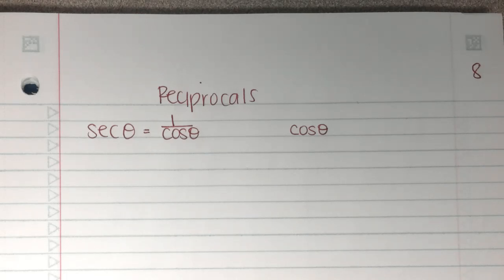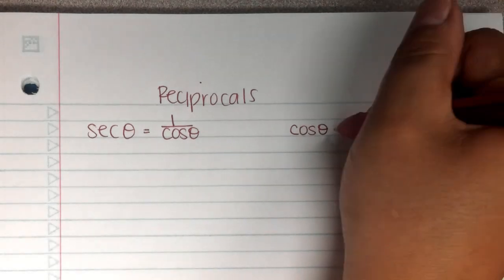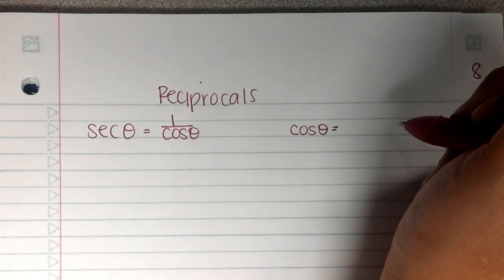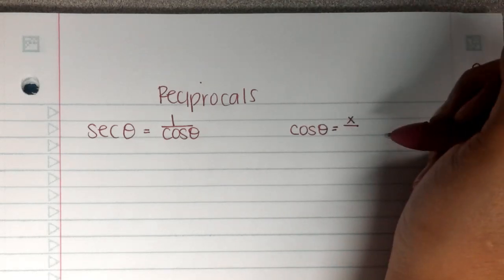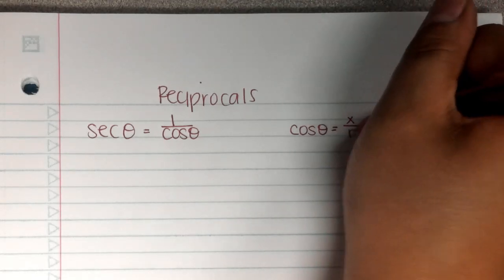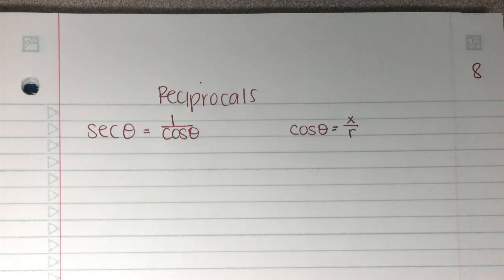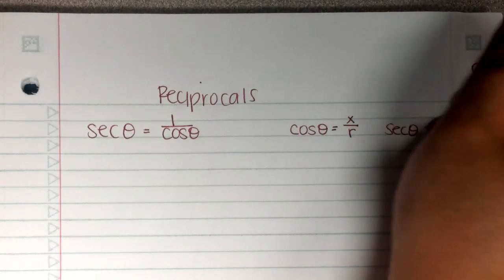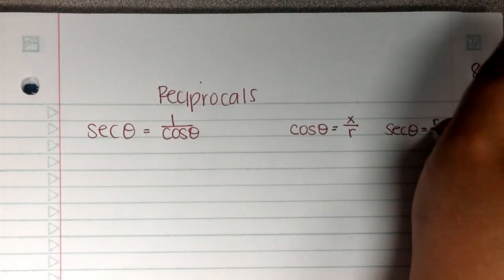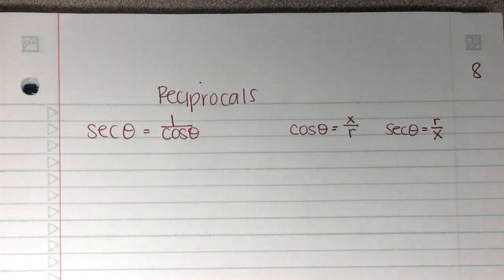Yesterday we learned that if we're not on the unit circle and my radius is more than that, cosine of theta is equivalent to x over r, the radius. And so what would secant be equivalent to? R over x. Y'all okay with that?